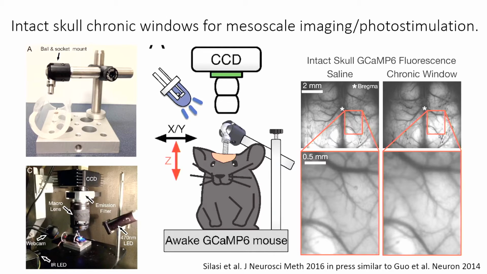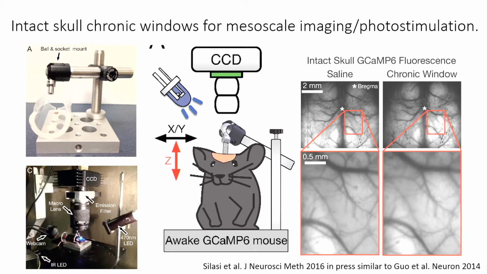So can we do this in vivo, chronically? And this has been a big effort of the lab and really aided by these new tigre lines. The Allen Institute lines are wonderful. And we've been using these with an intact skull imaging method.